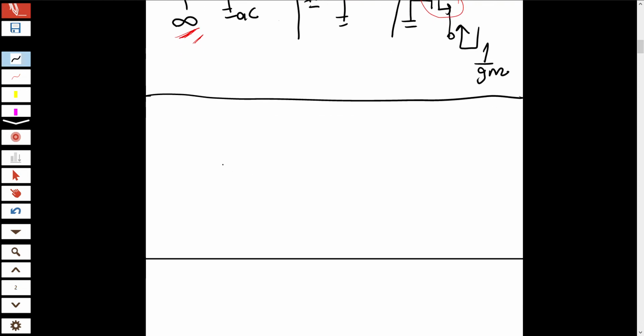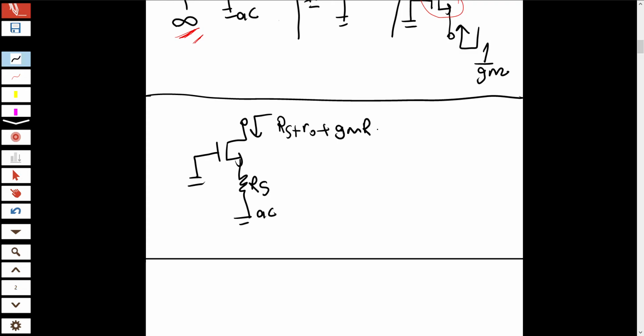So the final one is what you see from here. This time, what you see is R_S plus r_o plus gm R_S r_ds. Okay, I made a mistake.